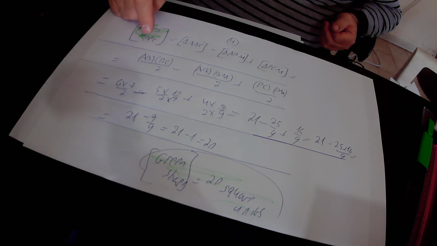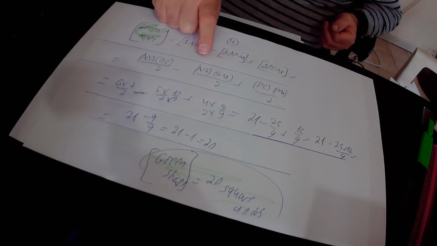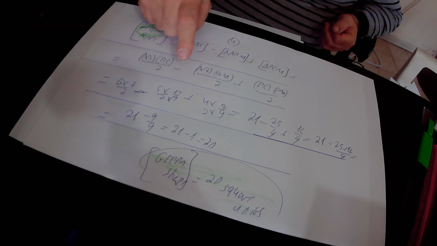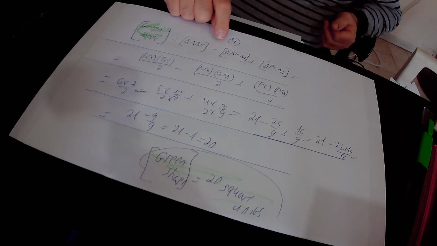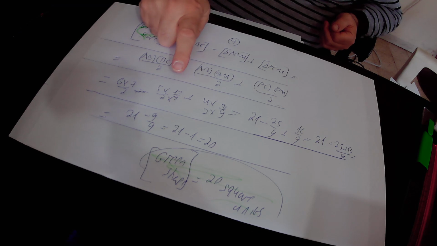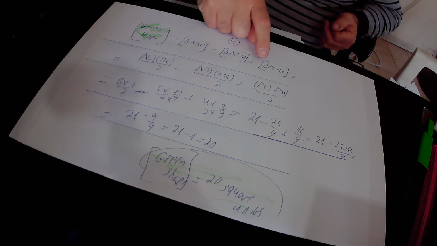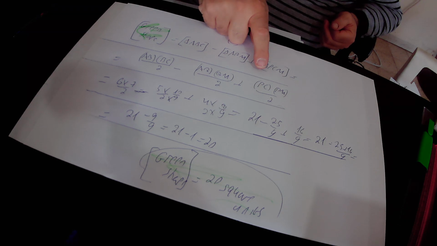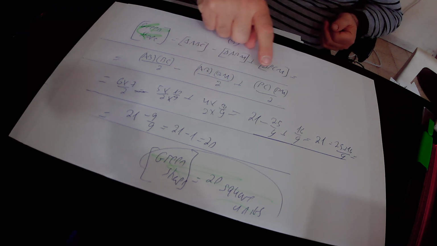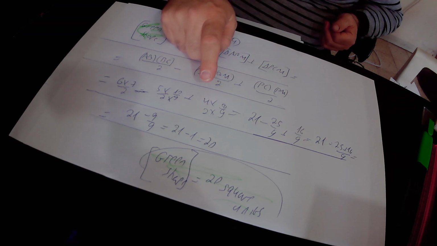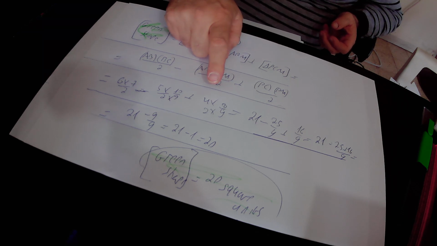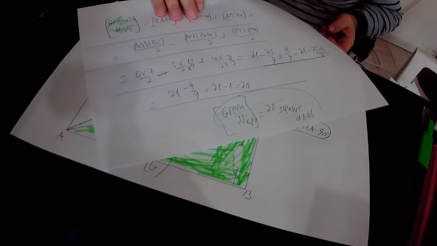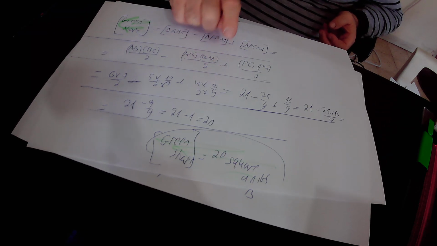So in total the area of the green shape equals 6 times 7 over 2 minus the area of triangle AQM, which equals AQ is 5, QM is 10, over 2, plus the area of the small green right triangle PCM, which equals PC is 4, PM is 8, over 2.